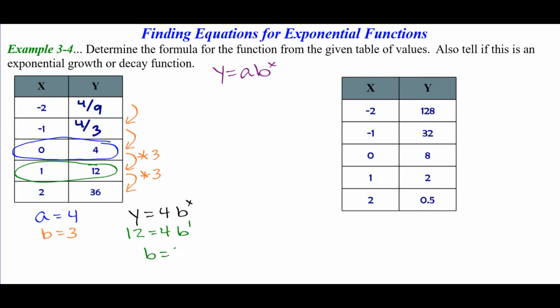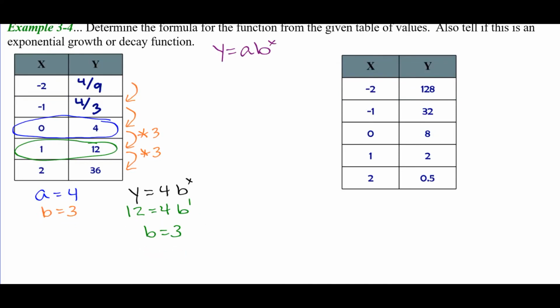So then I'm going to get b equals 3 again. So we end up here with y equals 4 times 3 to the x. And then I know that this is exponential growth because my b value is bigger than 1. So this is a growth function.